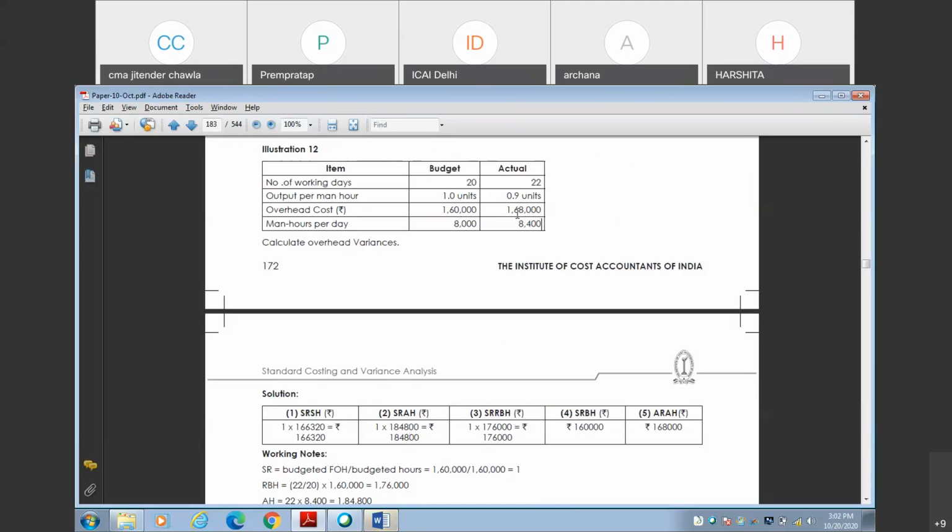If I say 8400 into 22, how much? 8400 into 22 gives me actual hours. That is 1,84,800. So I multiply 1,84,800 by 1. This gives me SRAH.